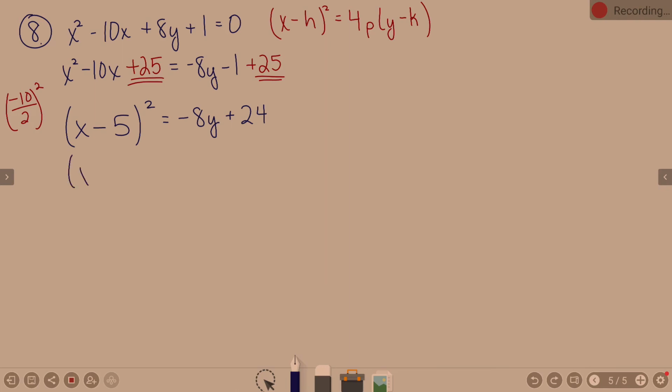So I'm going to leave it as x minus 5 squared, and then my coefficient of y is negative 8, so I'm going to factor out negative 8. If I factor out negative 8, y minus 3 in parentheses.